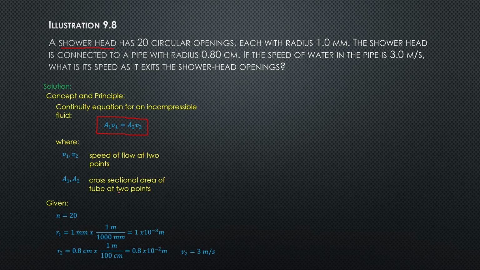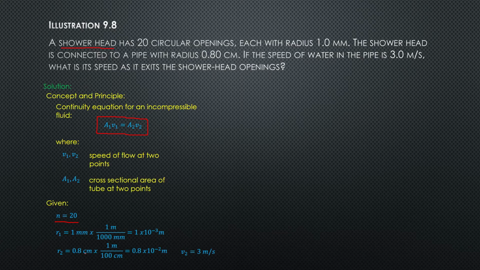Given you have 20 circular openings at point 1, the radius of the openings is 1 millimeter, so it should be converted to meters. This will give us 1 times 10 to the negative 3 meters.